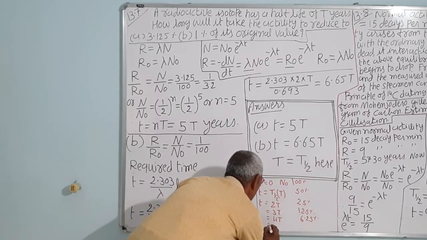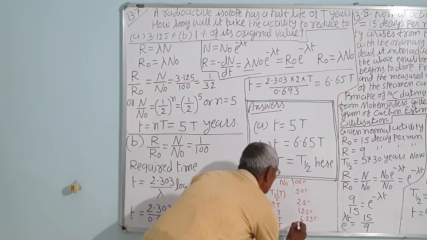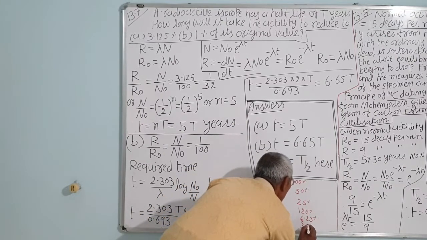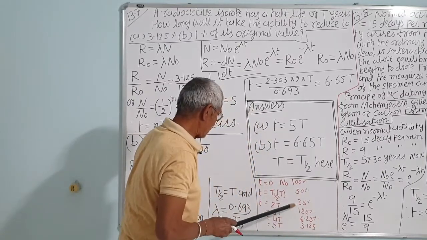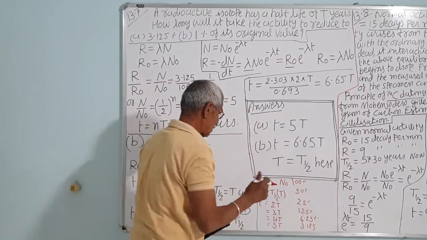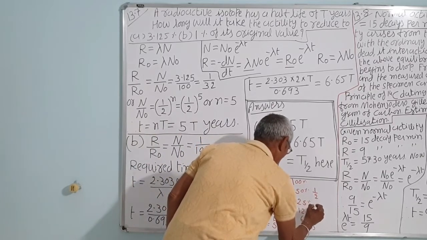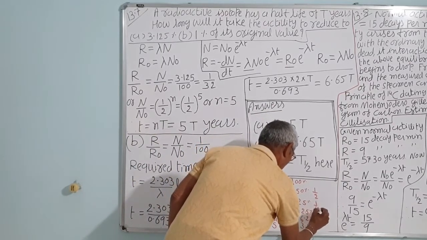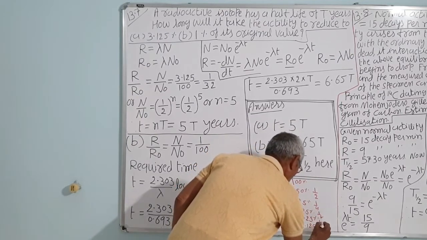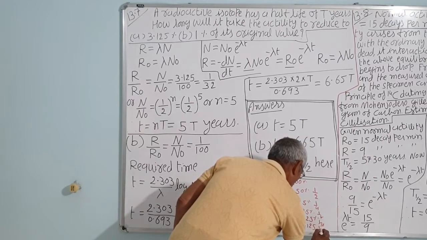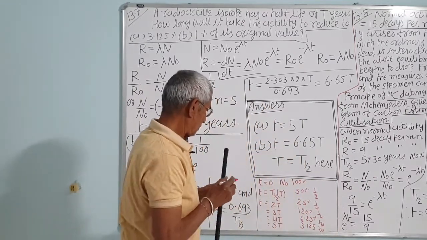And next 5T, again half of that, that is 3.125%, correct. This is 100%, this is half, in proportion also half, then 1/4, 1/8, 1/16 and 1/32 part, you can say like this also.